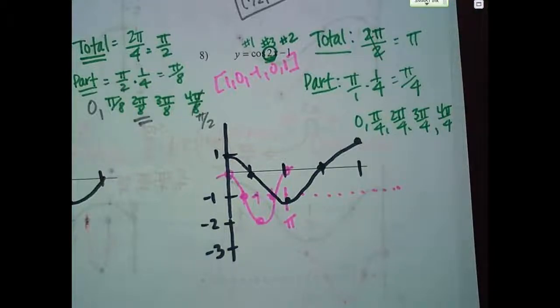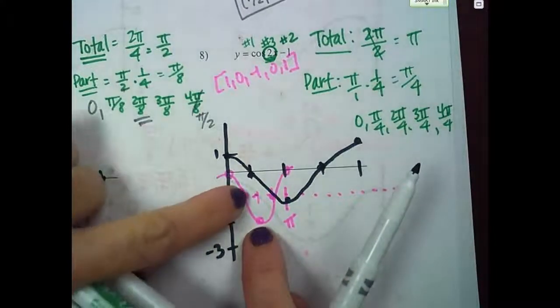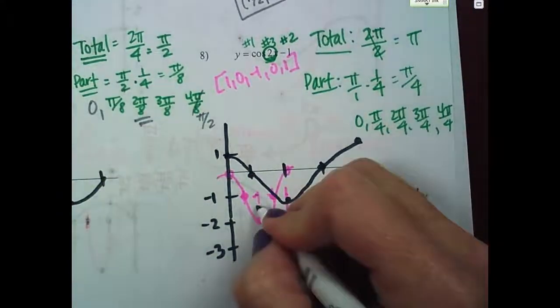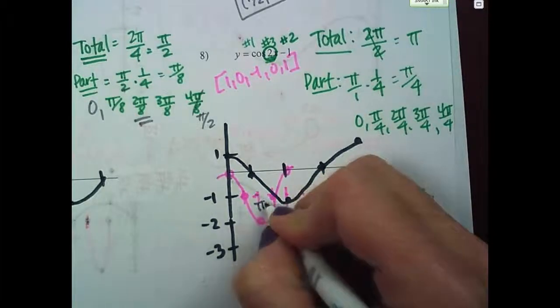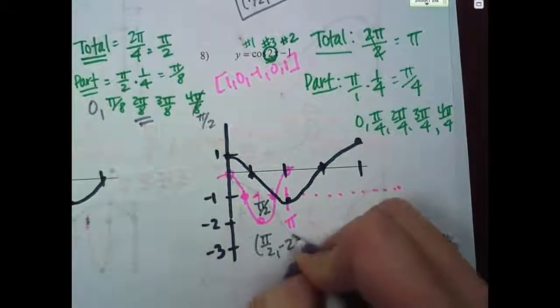So you would be able to label this, this, or this. I was just picking one to label. So my stops were 0, pi over 4, 2 pi over 4. So we're going to call this 2 pi over 4 to pi over what? 2. So this ordered pair is pi over 2, comma negative 2.